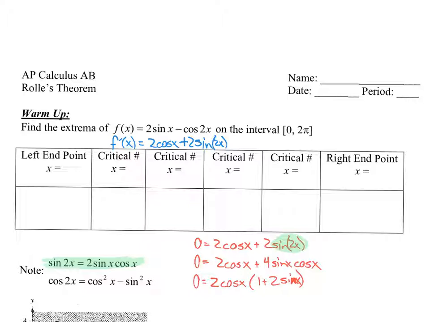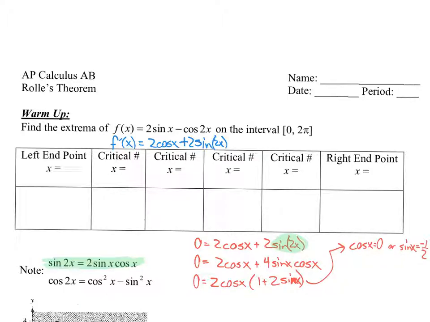So this tells us that either cosine x equals 0 or sine of x equals negative 1/2. And now it's all unit circle. Don't be surprised if this is given to you on something where you can't use your calculator. Alright? This is unit circle.